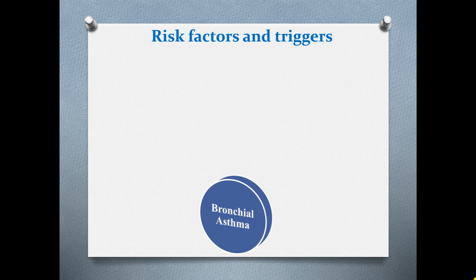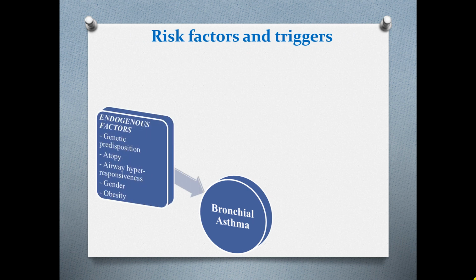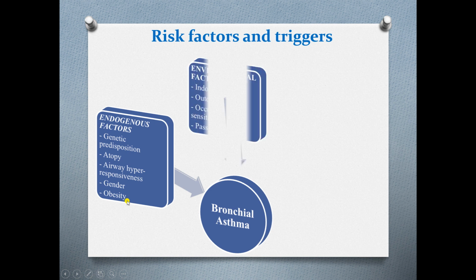So what are the risk factors and triggers? Bronchial asthma can be because of endogenous factors like genetic predisposition, atopy, which is a type of allergic condition in the individual, and airway hyperresponsiveness. It is more common in the female gender, and obese individuals are more prone to development of bronchial asthma.